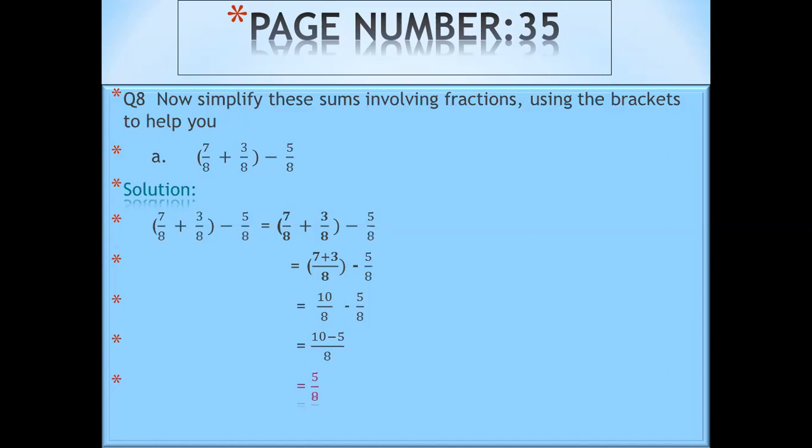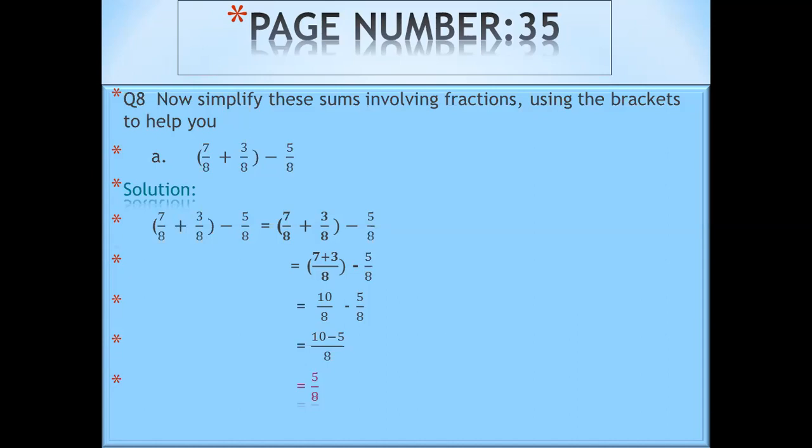Now the denominator is the same: 7 over 8 plus 3 over 8. When we have the same denominator in two terms, we only add the numerators. So add 7 plus 3. 7 plus 3 is 10. 10 over 8.